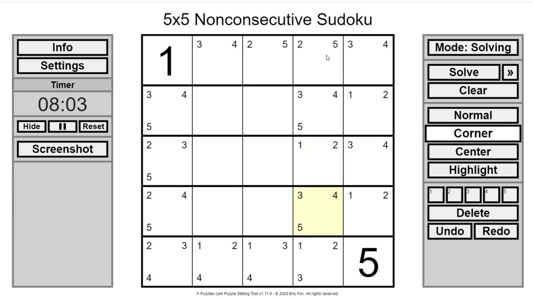If this is a 4, that becomes a 5-3 with a 1-2 somewhere here. But if this is a 4, then this becomes a 5-3, 1-2, 3, 4, 5.